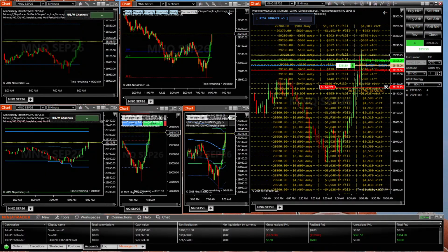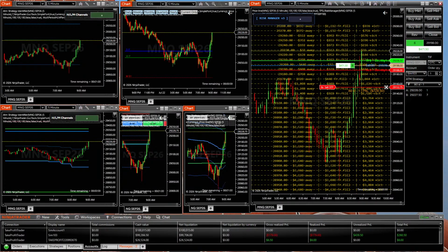We got 230s, some sellers there. See if we can get another jolt. Now we're coming into the weekly VWAP areas. Some bands here, daily bands. So I'm gonna start scaling out.